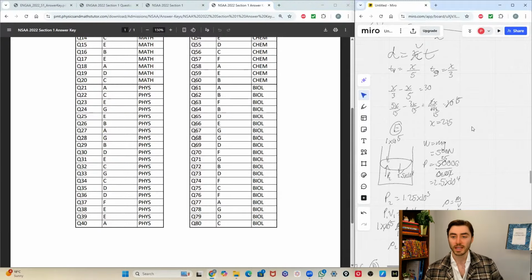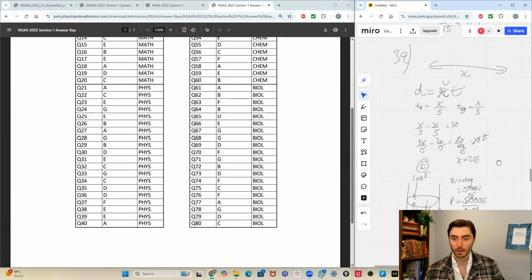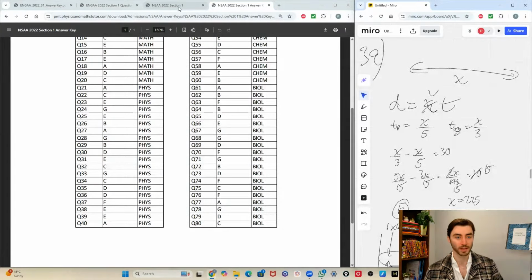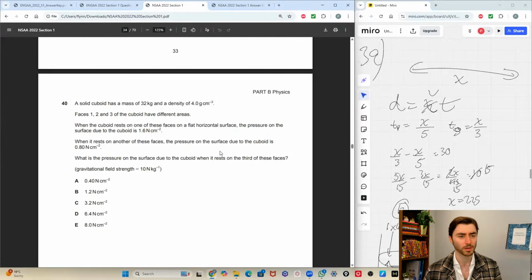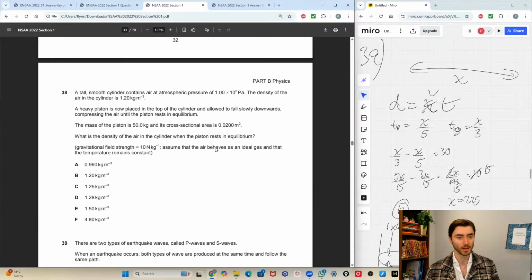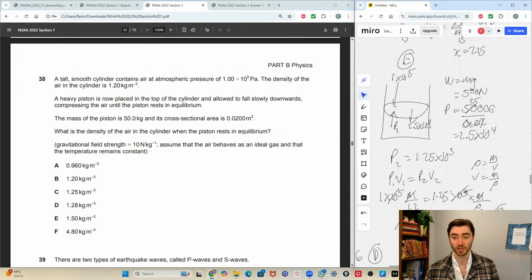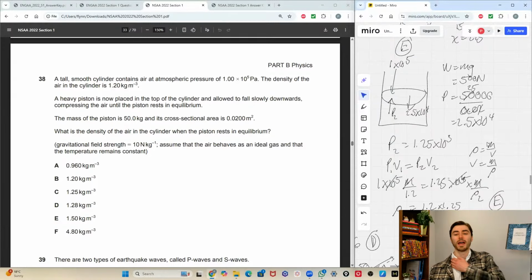The difficulty here. Actually, this wasn't difficult. I was thinking about the next one. So 39, you just kind of do it. 38, the difficulty is understanding that you have that gas pressure coming from above, and using your gas laws, P1V1 equals P2V2, and then linking the volumes through the density to get to the density.